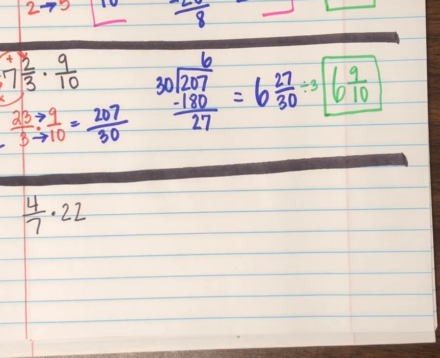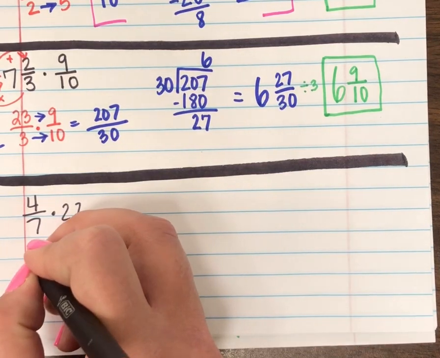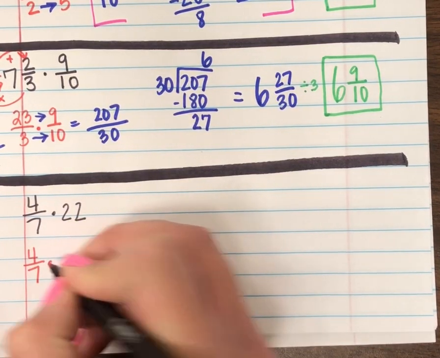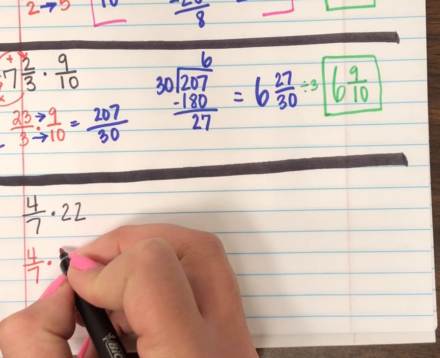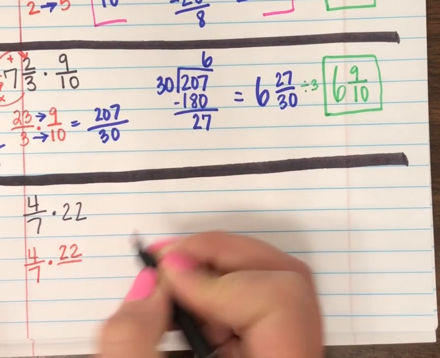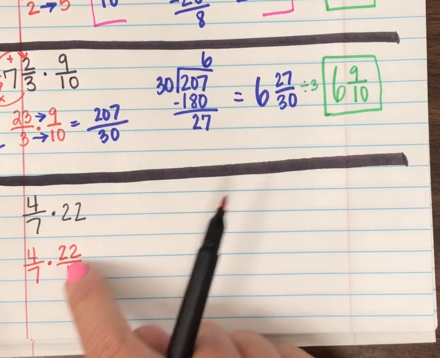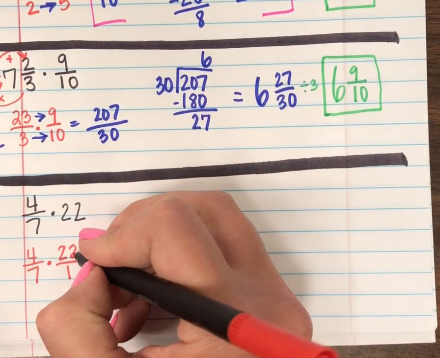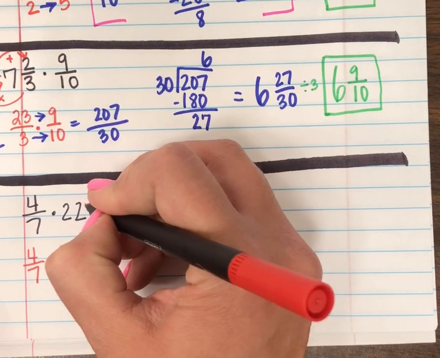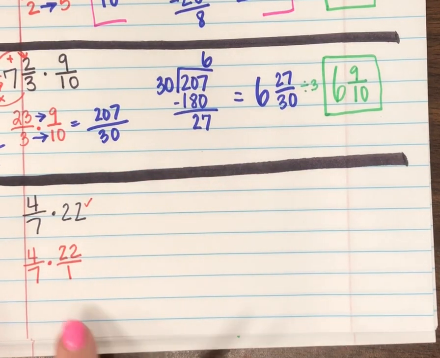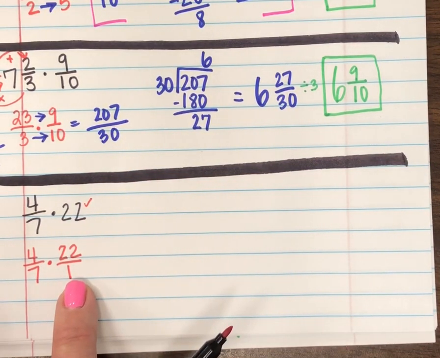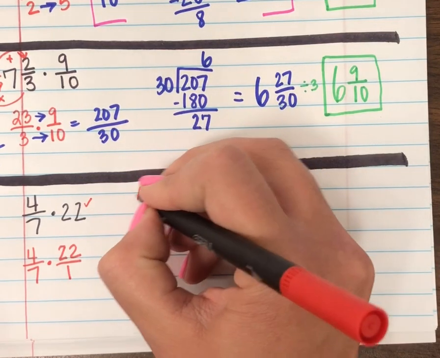So we need to figure out, how do we change a whole number into a fraction? 4/7 is going to stay the same. And to change a whole number into a fraction, hopefully you remember, we're going to add a 1 as a denominator. So remember, fraction is just a division problem. So 22 divided by 1 is still 22. So that's why adding a 1 as a denominator works for us, okay? So we're going to write us a little note.